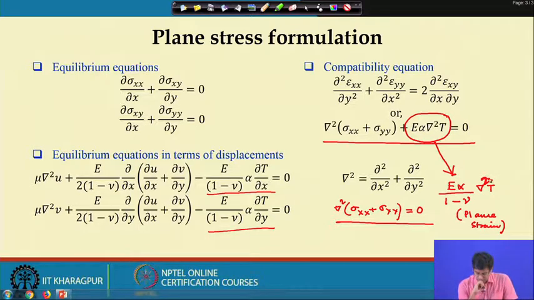That is the only difference we know even from the constitutive equations for two-dimensional plane stress and plane strain. That difference pops up here in the case of thermal strain.